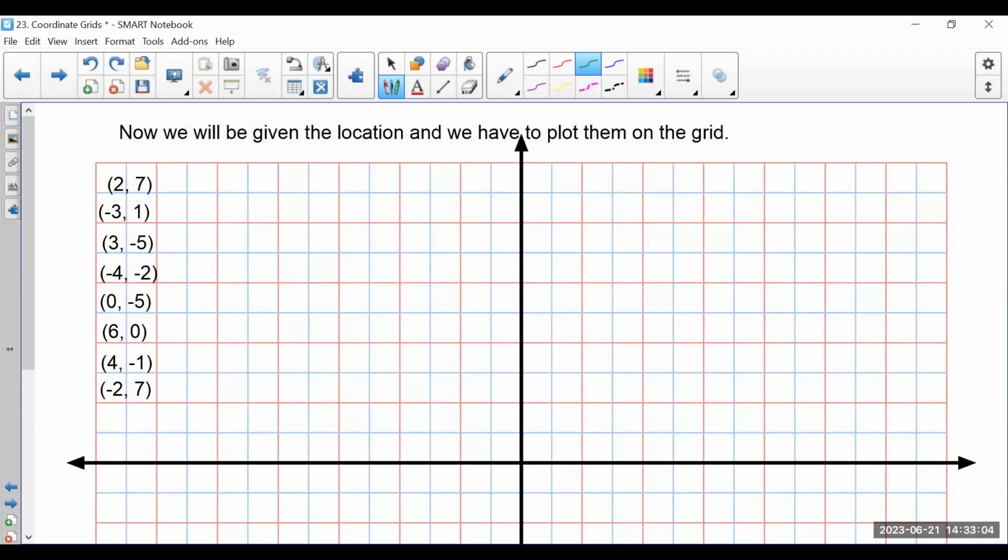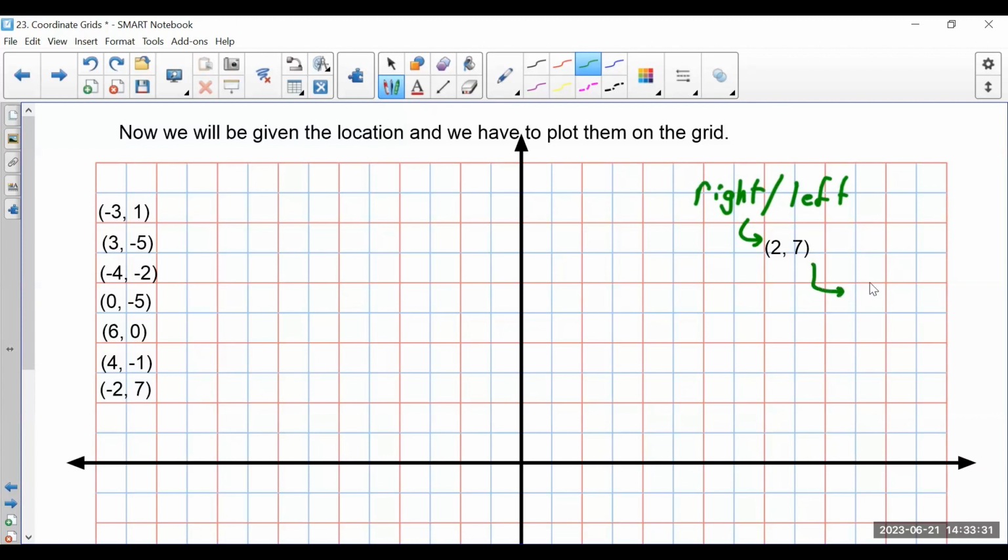So we are now going to take these one at a time, and we're going to plot them. So the first one, it's a positive number. So I know it's over here somewhere. And we always start counting at 0, 0. Well, this has 2, 7. You're always going to go either right or left with your first number, okay? That's your first number.